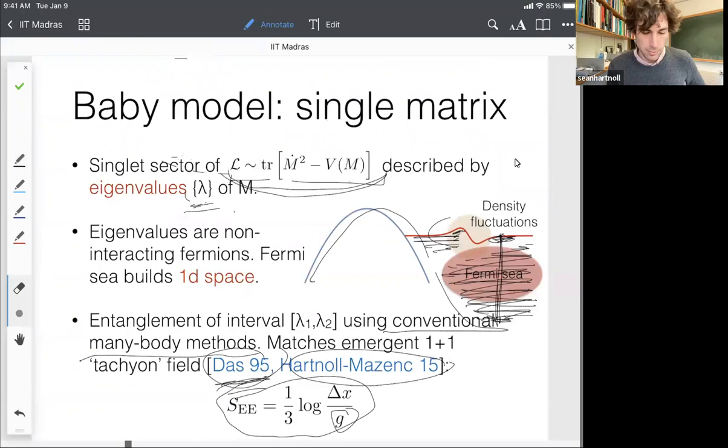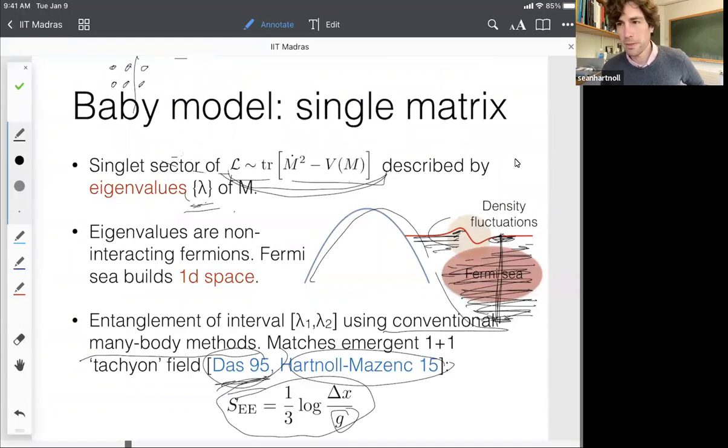So let me repeat the question first. I think the question is, in the spin system that I showed you before, there were a bunch of spins at different points, right? And when you partition space, it's clear what you're doing, right? The Hilbert space is a tensor product of the spin here and the spin there. So there's a clear factorization of the Hilbert space. Now let's do one particle quantum mechanics.